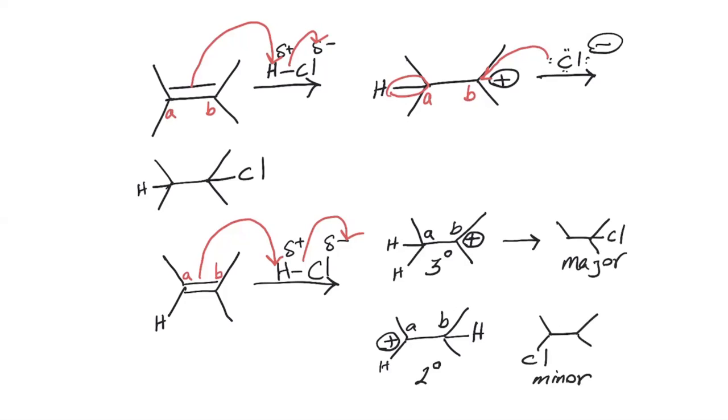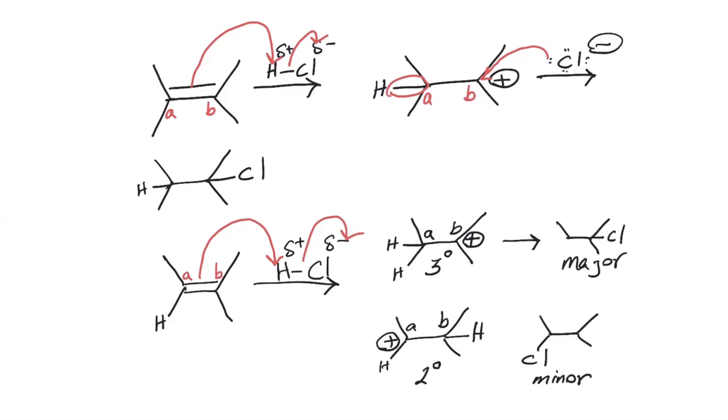And when hydrogen adds to the sp2 carbon with more hydrogens, that usually gives us the more stable carbocation. We call this Markovnikov addition. Because Markovnikov, a Russian scientist, discovered that in general, hydrogen tends to add to the sp2 carbon with more hydrogens, and the nucleophile adds to the sp2 carbon with fewer hydrogens.